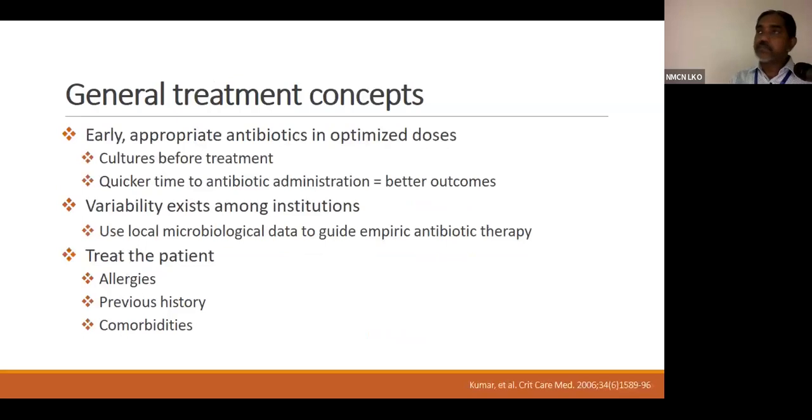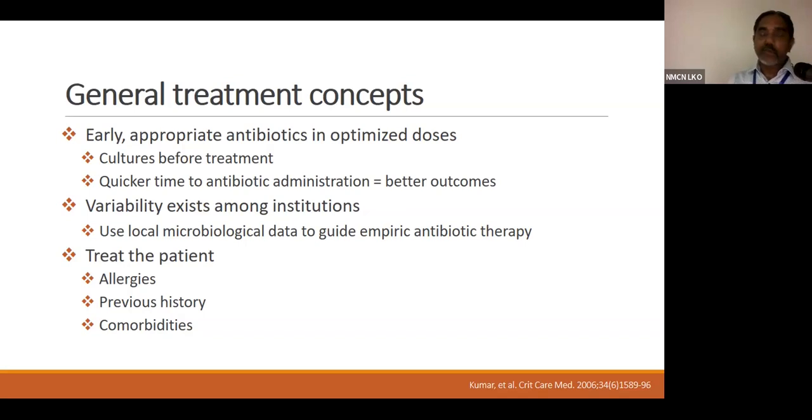And in general principle, antibiotics should be started as early as possible. You should draw cultures before treatment, and a quicker time to antibiotic administration is associated with better outcomes. Variability exists among institutions, so a local antibiogram or local microbiological data should always be referred to before starting or selecting antibiotics.